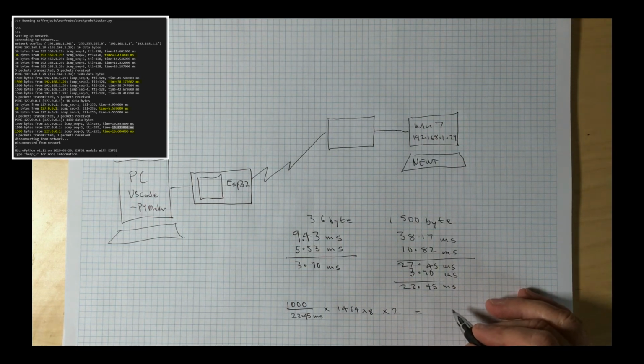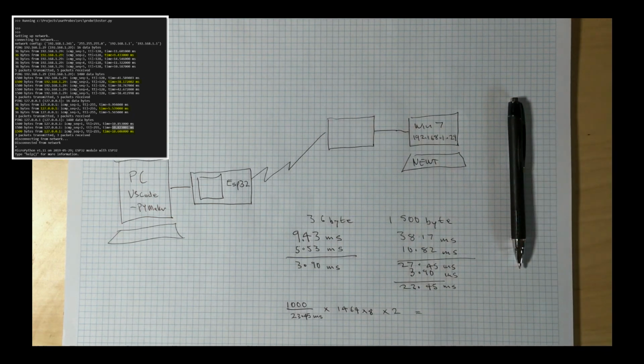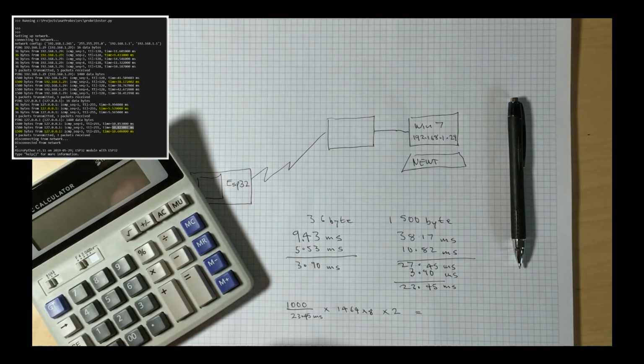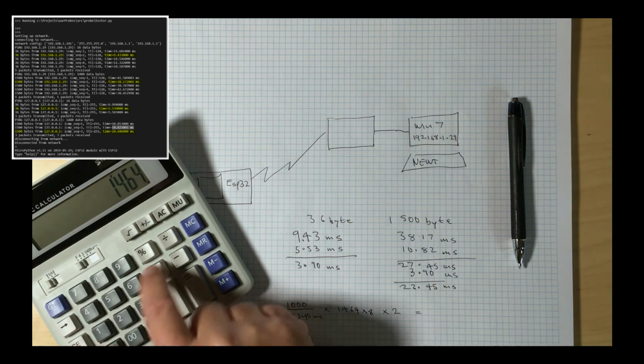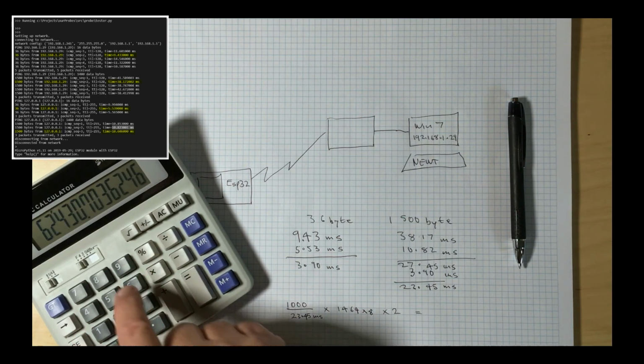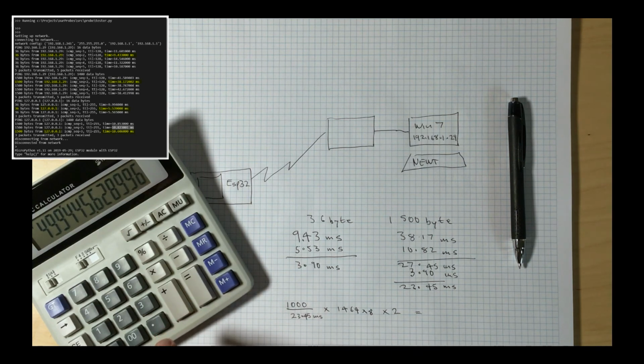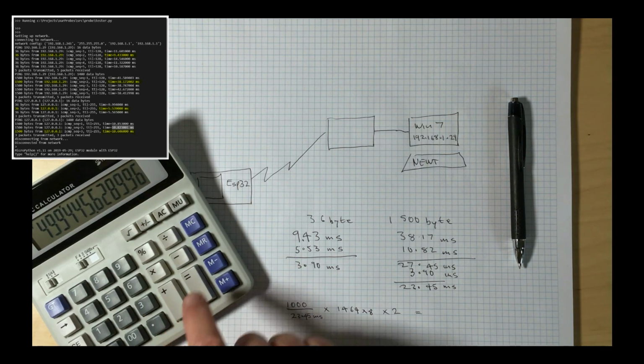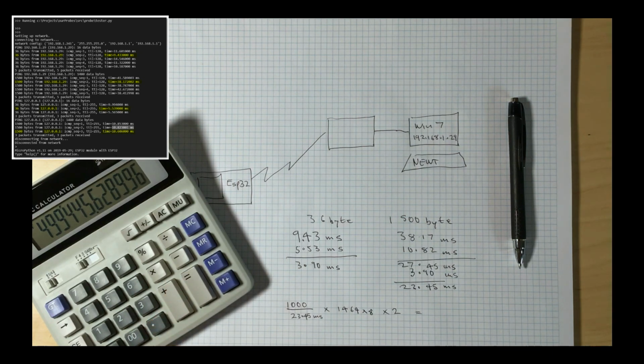And when I multiply all that together, let me get my calculator. So 1000 divided by 23.45 times 1464 times 8 equals, so that's bits per second for one trip, because the latency result was for 2 trips.